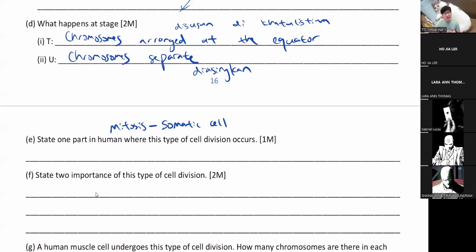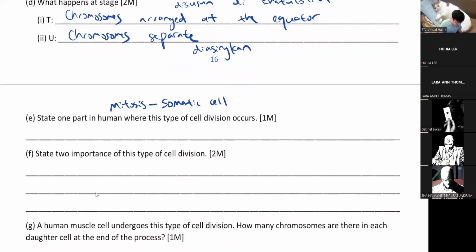The rest of it, I don't care whether it's muscle cell, brain cell, lung cell, skin cell, liver cell. Every cell in your body is called a somatic cell. They will do mitosis. So one part in human, you can say your skin, muscle, lung, breast.